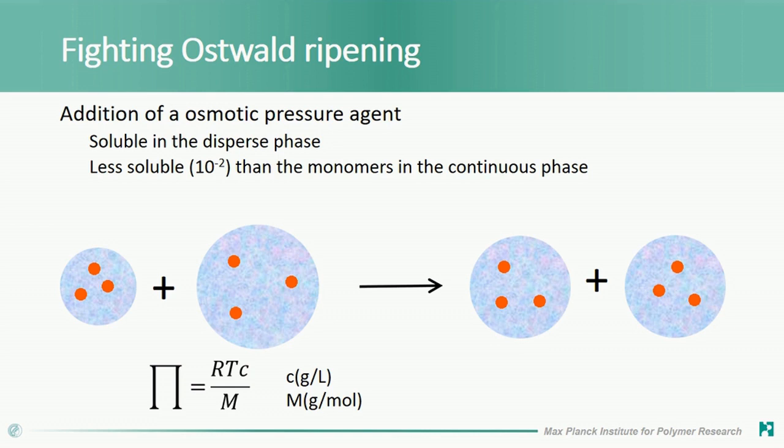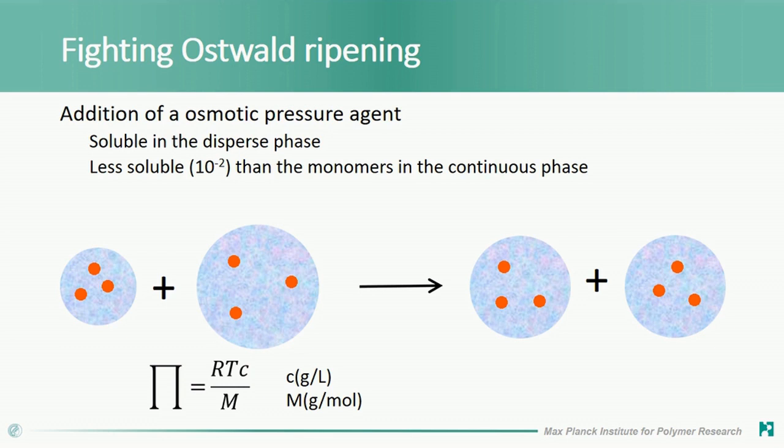And those molecules will create an osmotic pressure. The osmotic pressure is the pressure that is created from one side of the compartment to the other, because here there is no osmotic pressure agent outside.